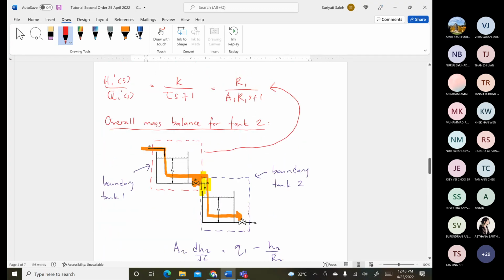Yeah, normally we will set after the valve. So we just write it without the valve resistance value, right? Yes. Alright, doctor.